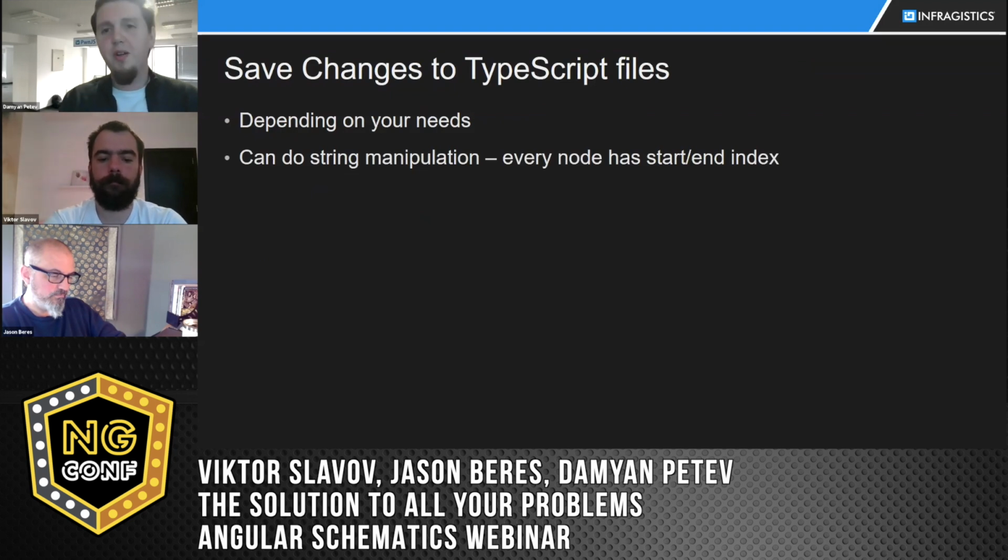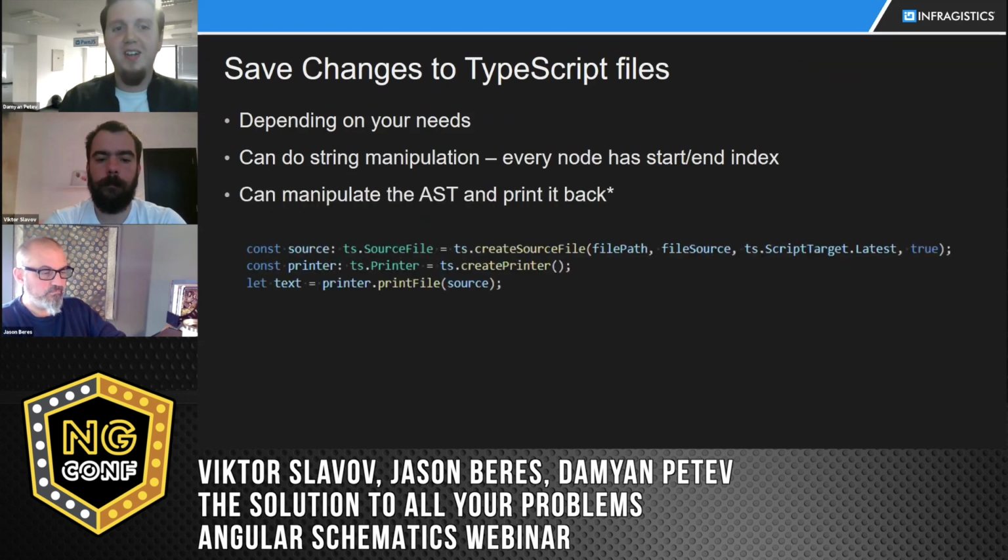But if you really want to go fancy with it, you can just go ahead and redo the entire syntax tree yourself. Apply changes, create new nodes, edit nodes, do whatever. TypeScript is nice enough to actually include a printer, which is basically like a reverse compilation, if you will, because out of the syntax tree, it will not output JavaScript, it will actually output TypeScript back, which is awesome.